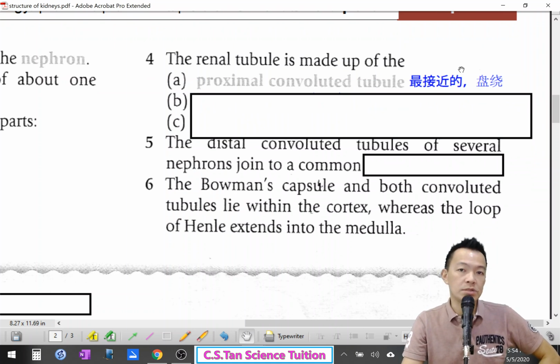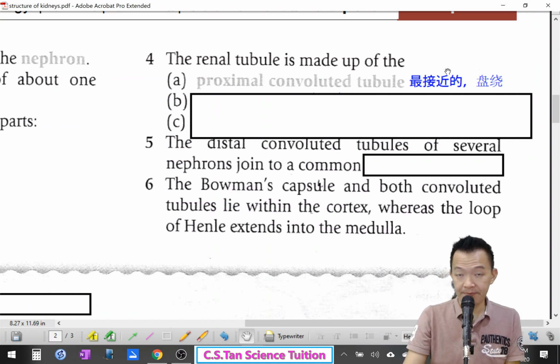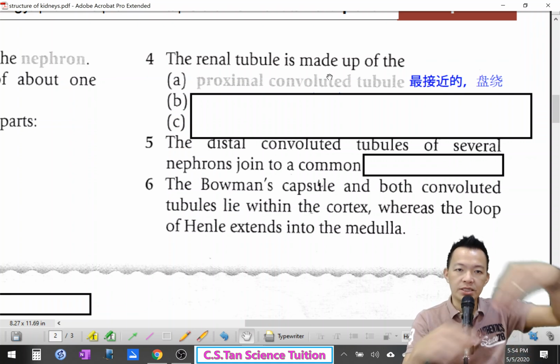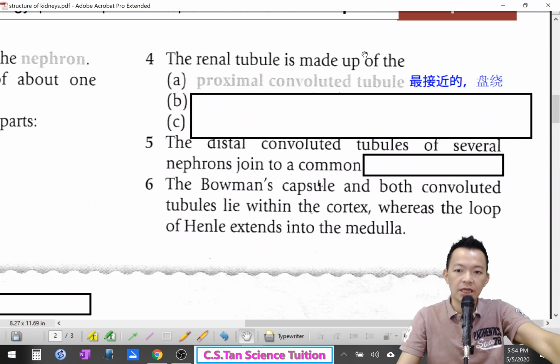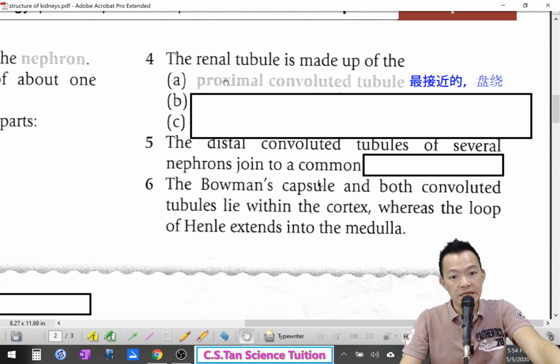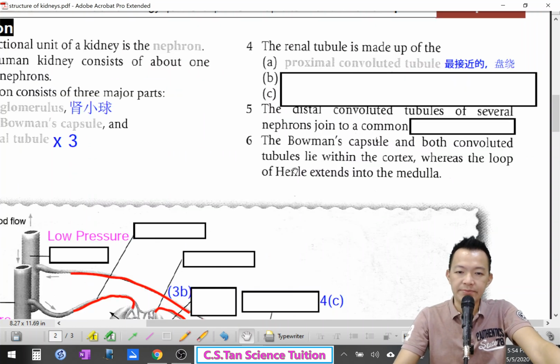Proximal means 最靠近的，前面的. Convoluted 就是环绕着、盘绕着的、转着的. Tubule 管道了，前面转来转去的管道. Okay, so proximal convoluted tubules.